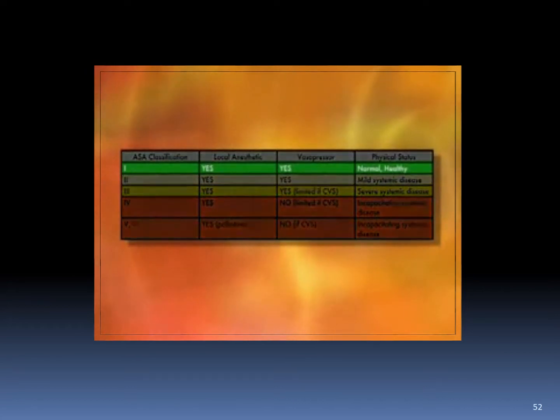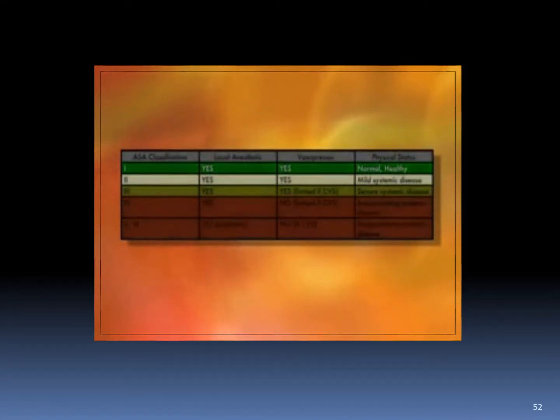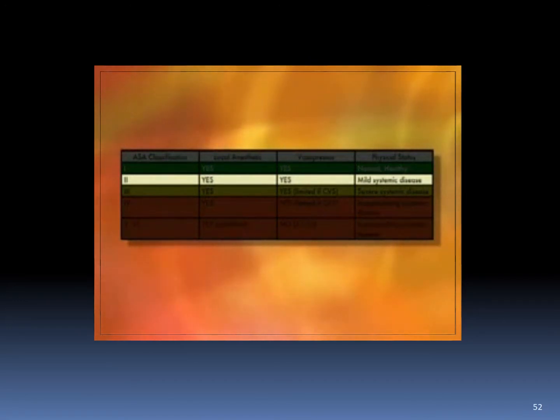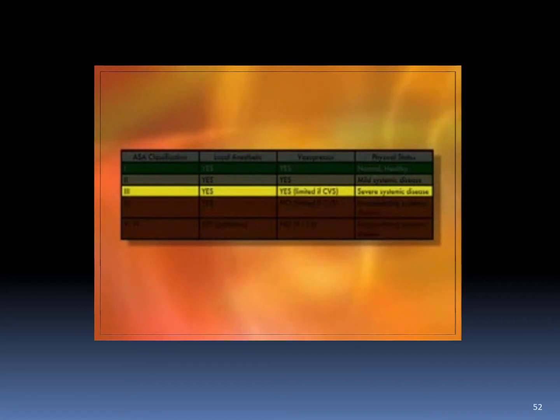The ASA Physical Status Classification System helps us to determine medical risk during dental treatment. An ASA-1 is defined as a normal healthy patient. ASA-2, a person with a mild systemic disease. ASA-3, a more severe systemic disease which limits activity but is not incapacitating.